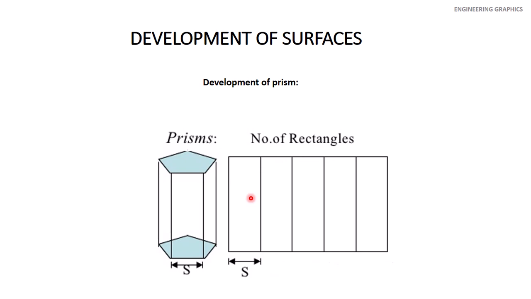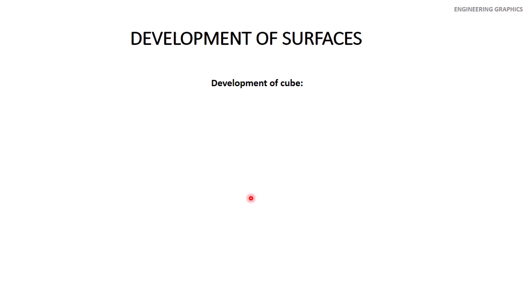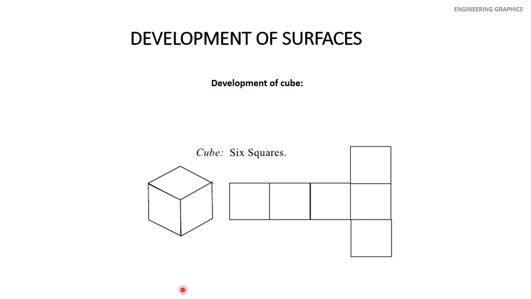The next example is development of cube. It's very simple. We know that the cube has a total of 6 faces, that is, 4 side faces, 1 base and 1 top. So these are the 4 square faces, 1, 2, 3, 4, 1 base and 1 square for top.